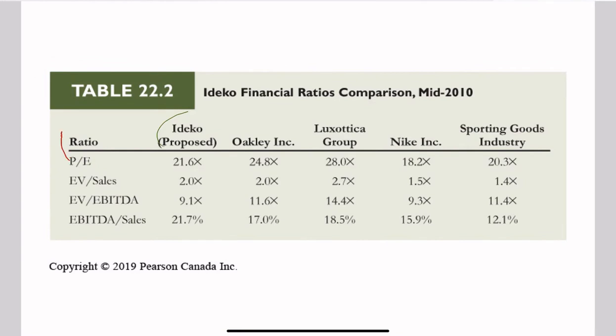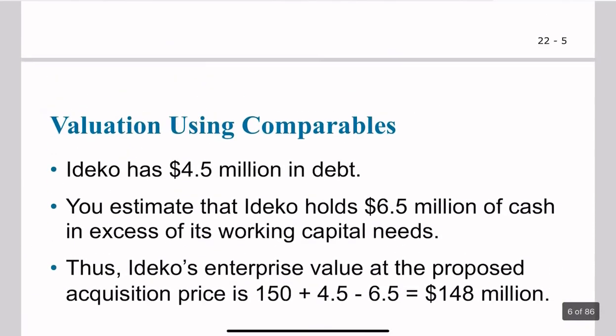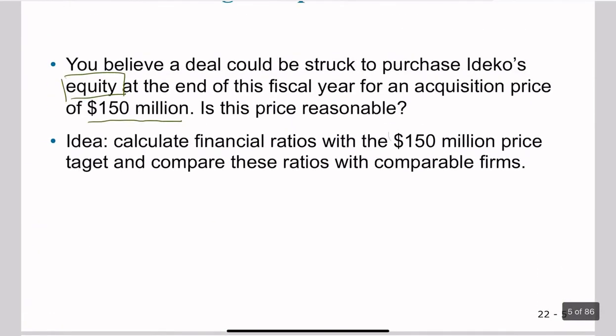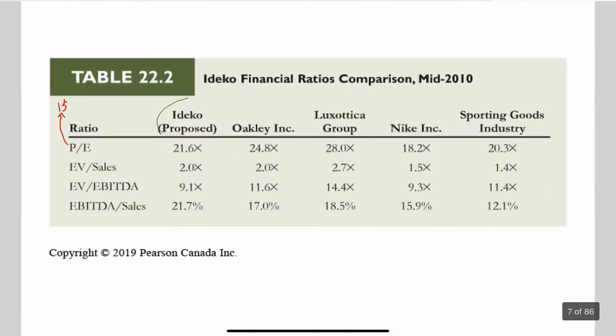So here P refers to the price of equity, right? What is the price of equity here? It's $150 million, right? What is E? Here the E refers to the firm's earnings, that is the firm's net income.